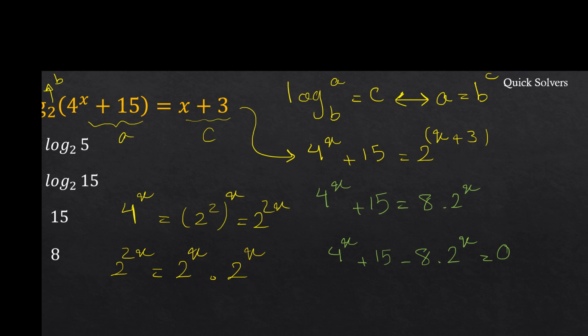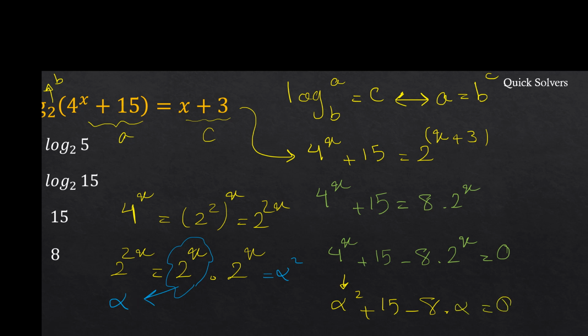So you see that I could write this 4 to the power of x in the format of 2 to the power of x times 2 to the power of x. And this is very important because now I can label this one as alpha. Then we have 4 to the power of x equals alpha squared, where we have defined alpha equals 2 to the power of x. So I can rewrite this as alpha squared plus 15 minus 8 times, and instead of 2 to the power of x, I can replace that by alpha.